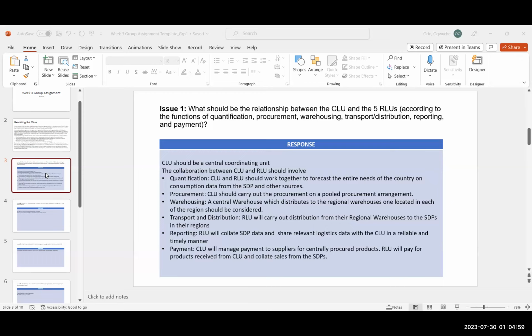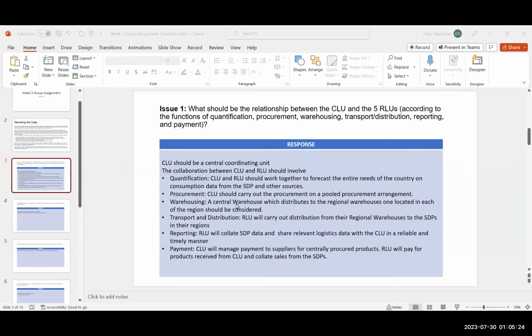For quantification, CLU and the regional logistics unit should work together to forecast the entire needs of the country using consumption data from the service delivery point, as well as from other sources like demographic, service data, disease prevalence, and the like. For procurement, CLU should carry out the procurement on the pooled procurement arrangement for the entire country.